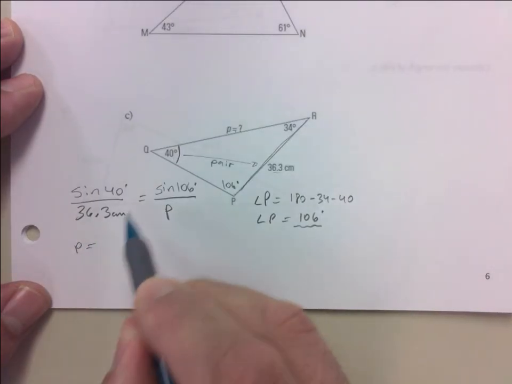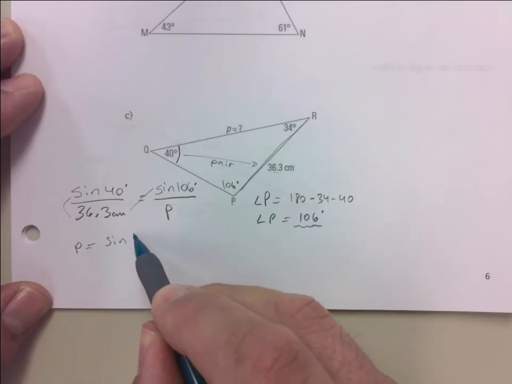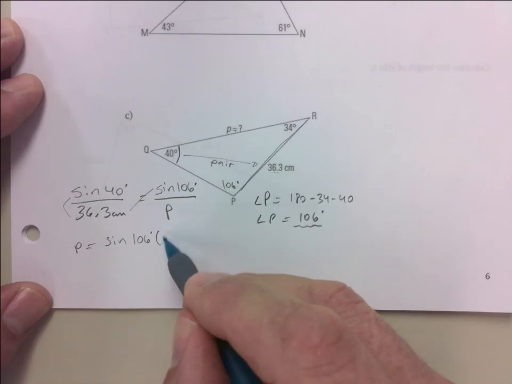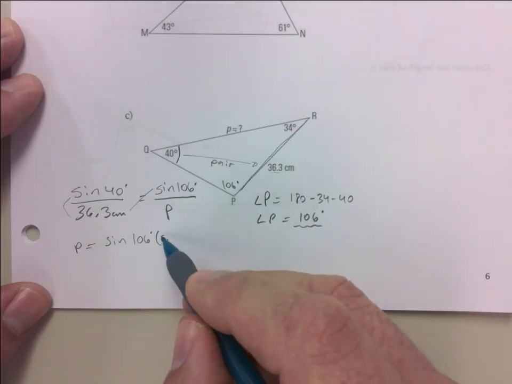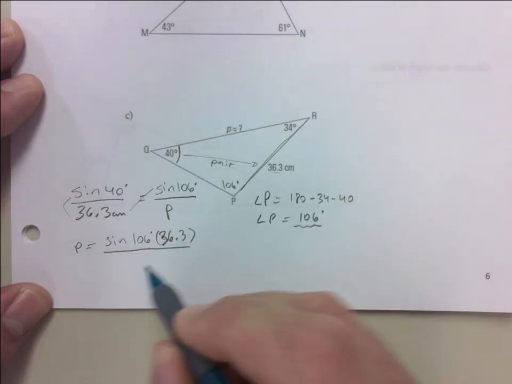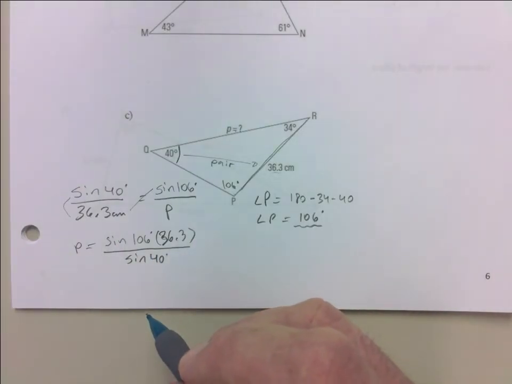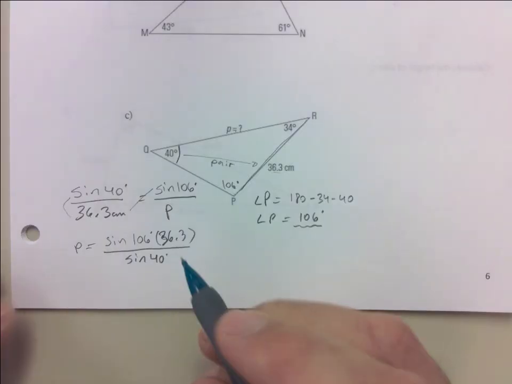And so P is multiply and divide, right? This would be, sorry, I got this wrong here, 36.3. You got to make sure if your calculator starts with brackets, when you press sine, make sure you close the brackets, all right?